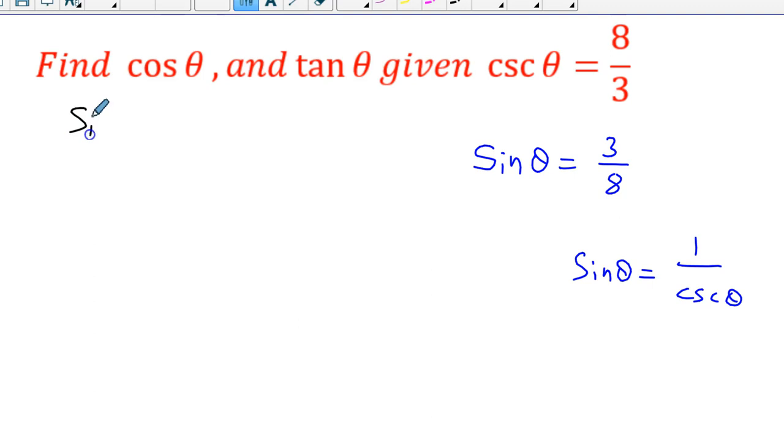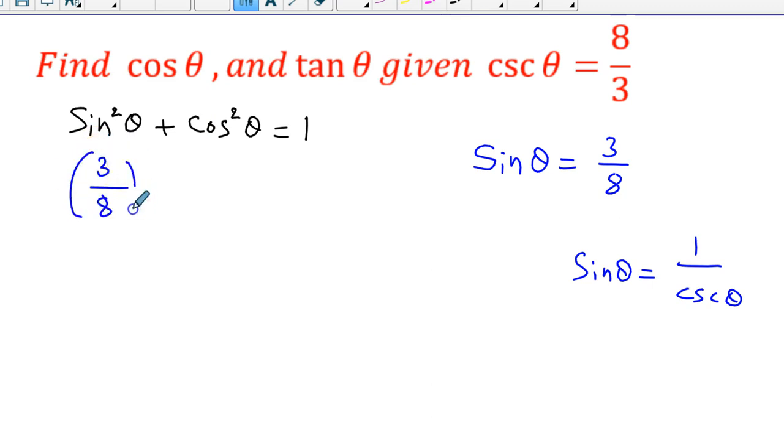I have sine square theta plus cosine square theta is equal to 1. So in this identity, I'll substitute 3/8. So let me write down here 3/8, squared, because sine theta is 3 divided by 8, sine square I have to square that, plus cosine square theta is equal to 1.